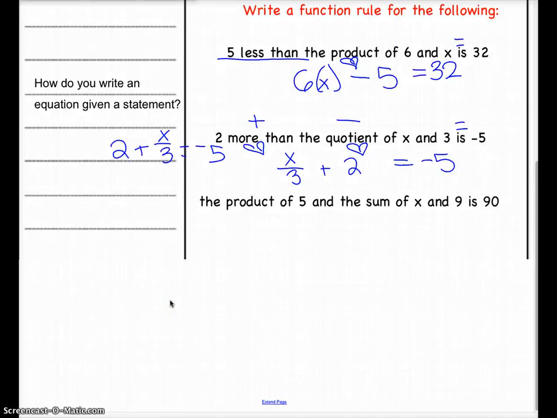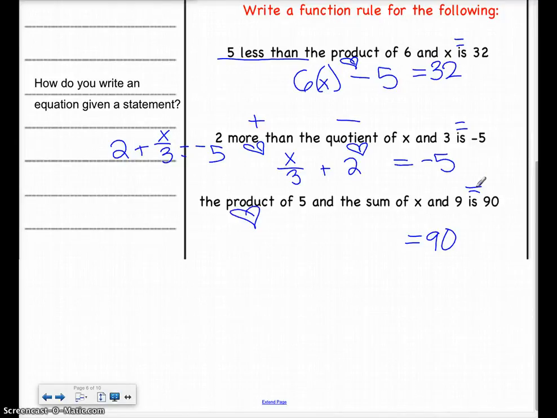Okay, the next one: the product of 5 and the sum of x and 9 is 90. So I know something equals 90. I always do that first. Now is where the parentheses really matter, because order of operations would give us a different answer.